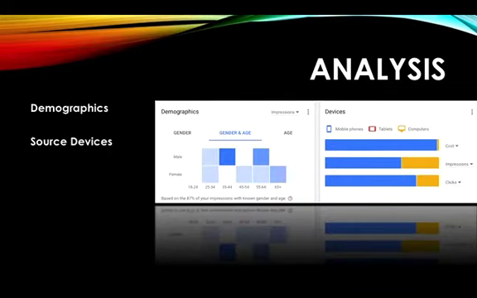So further analysis shows that I have specified a number of age groups, and this analysis shows me that the main age group that has been viewers of my ads have been in the age range of 35 to 44, and they are males.